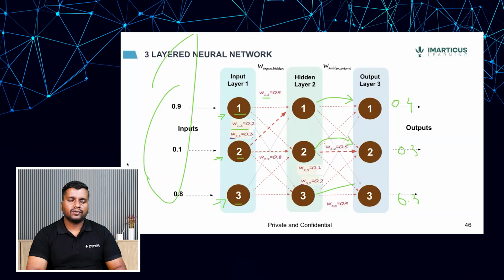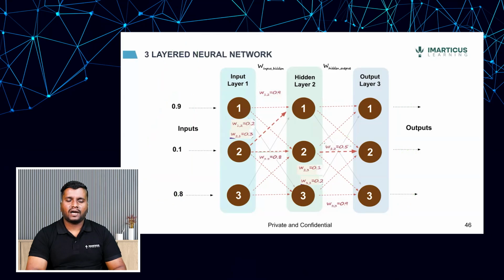So a multi-layered neural network will always have this feature of having multiple layers, and each layer will do the processing at every neuron possible.